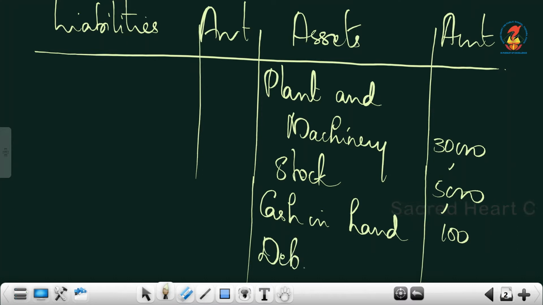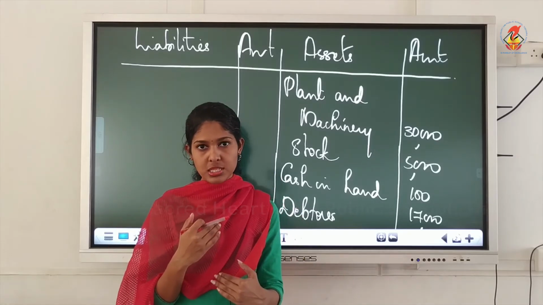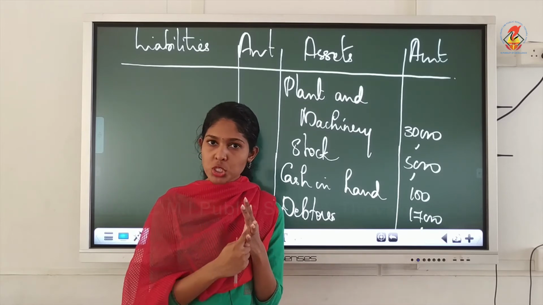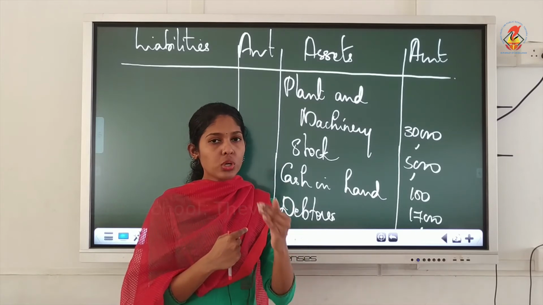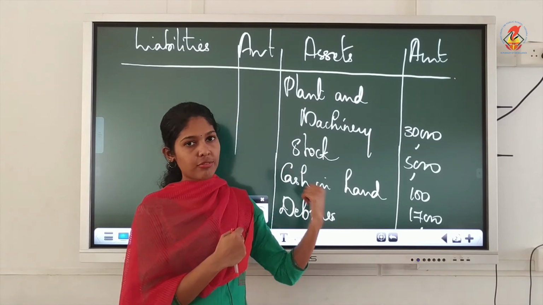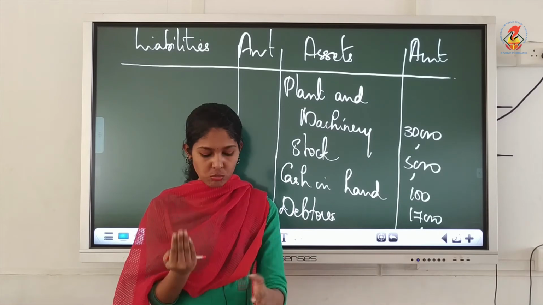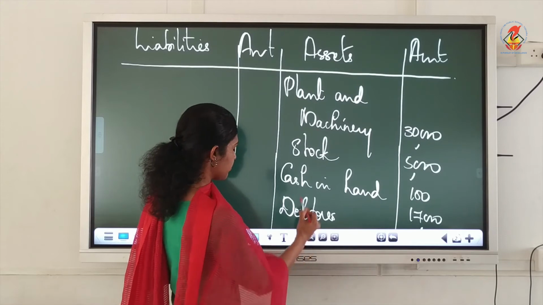Debtors 17,000. Some adjustments are given in that paragraph, but we'll take all those adjustments only in the closing statement, because we know that if there is depreciation or if there is provision for doubtful debts, all these will be provided only towards the end of the year. So when you do opening statement of affairs, you don't have to consider all those adjustments. You just have to take what is directly given in the question. The items you just have to copy paste.